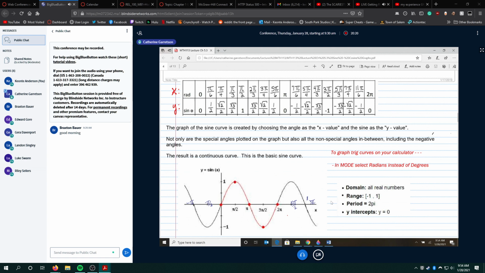Notice it's an equal distance apart, so it's predictable what the sine wave is going to look like. Notice every pi units, so 0, pi, 2 pi, 3 pi, 4 pi, the y-coordinate is 0.